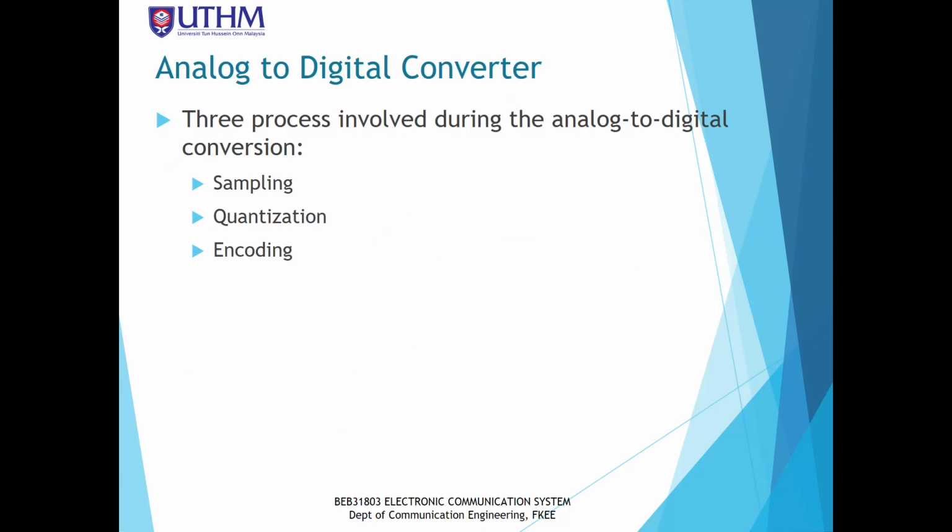Okay, the first process is the formatting process. The formatting process consists of 3 processes. The first one is sampling, then we do the quantization, and then encoding.